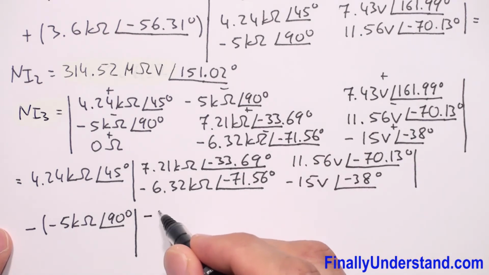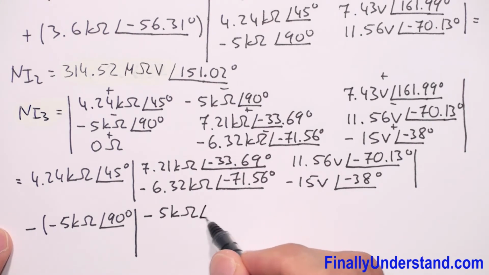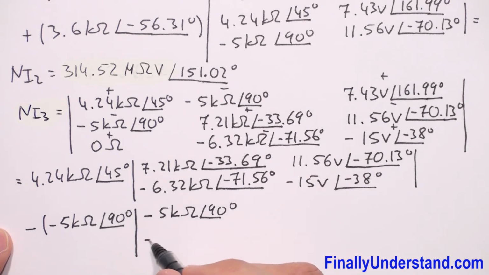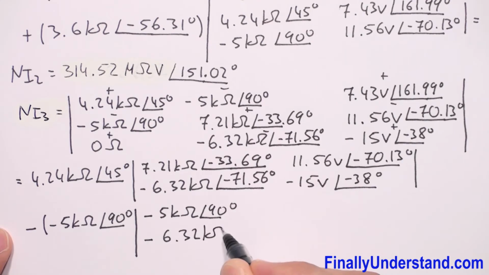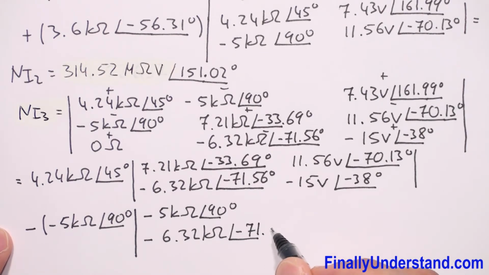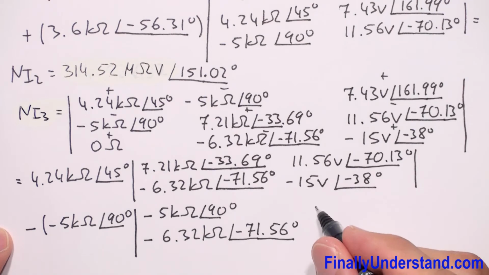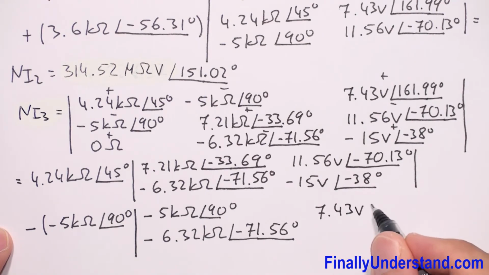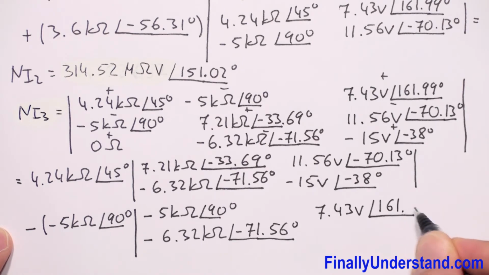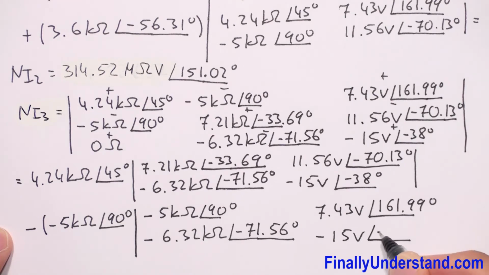So I have minus 5 kilo ohms and angle of 90 degrees, and I have minus 6.32 kilo ohms and angle of minus 71.56 degrees, and I have 7.43 volts and angle of 161.99 degrees, and I have negative 15 volts and angle of negative 38 degrees.